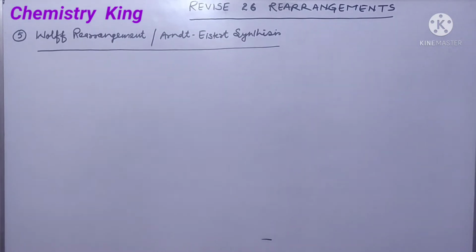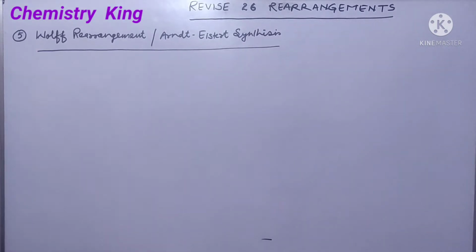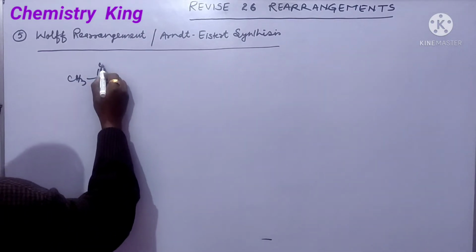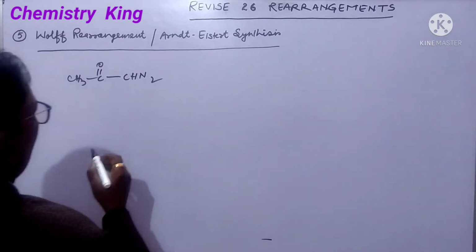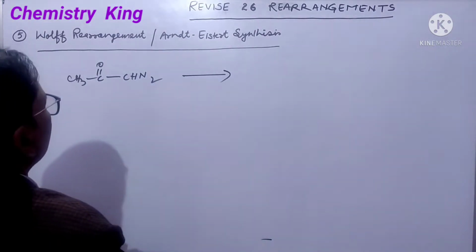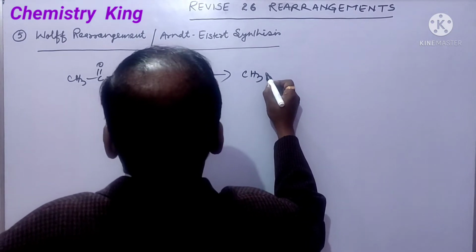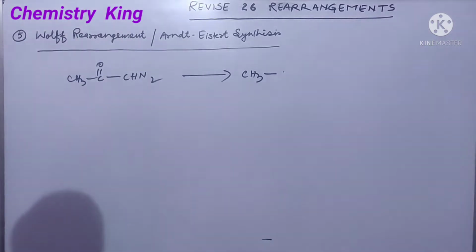Number 5, conversion of diazoketone into ketene. Diazoketone: CH3, C double bond O, CHN2.